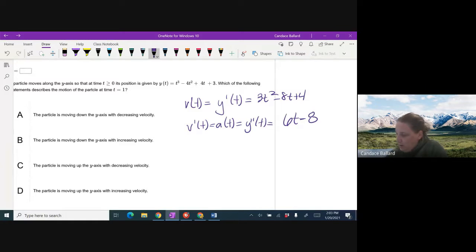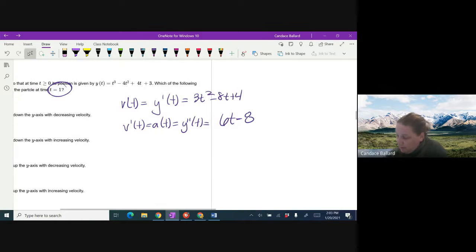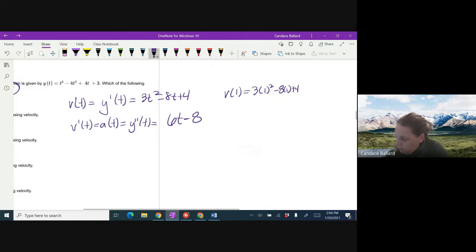All right, so I am going to plug a 1 into this, and then we're going to look at the signs of things to figure out what's going on. And there's a y-axis thing going on there instead of an x-axis. So let's plug in a 1. v of 1 equals 3 times 1 squared minus 8 times 1 plus 4.